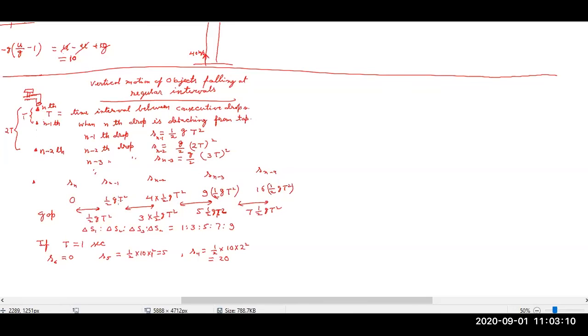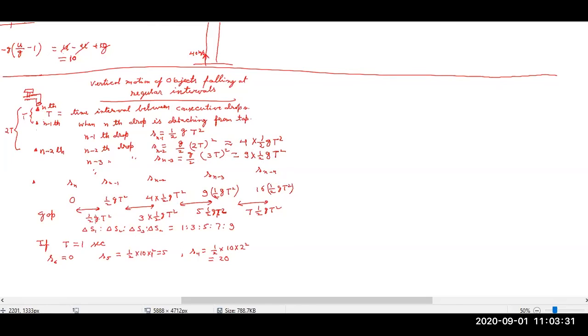So that will be 0, half gt square, 4 times half gt square. Why 4? Because 2t square, so 4 times half gt square. Then this is 9. Why 9? Because this is 9 half gt square. So keep on doing like this.